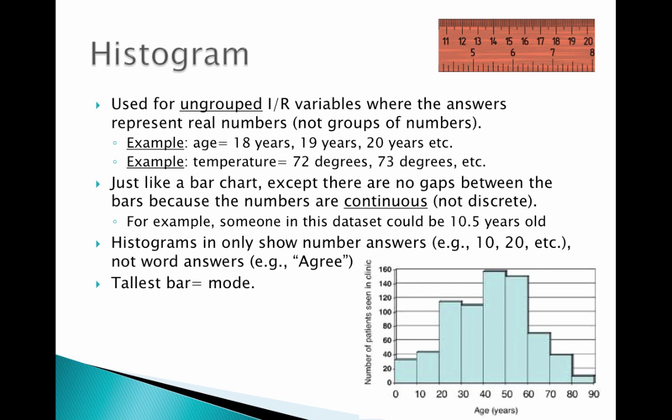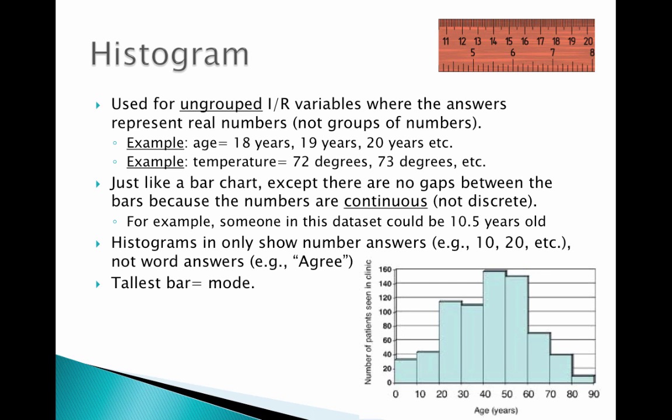Well, it is possible that somebody could be 10 and a half years old, somebody could be 42 years old. Even though the histogram only shows us 10, 20, 30, 40, it doesn't mean that somebody could not fall within those units or in between the bars themselves. So we use histograms when our ungrouped interval ratio variables are continuous, not discrete.